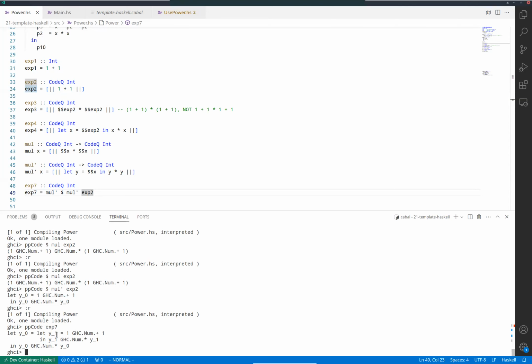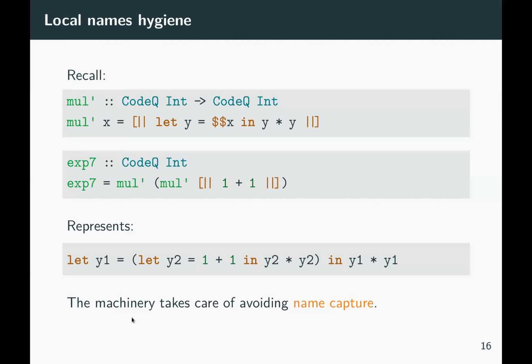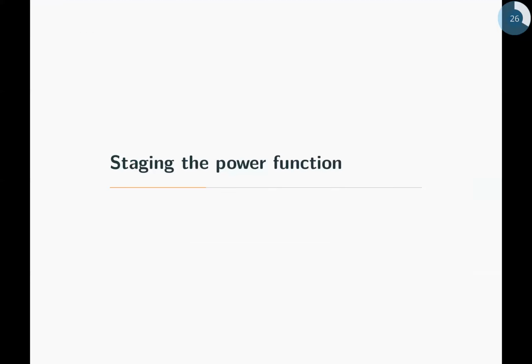I don't have to be careful to avoid name capture and things like that. So this mechanism takes care of those things automatically for me and does the right thing. So this name capture is automatically avoided.